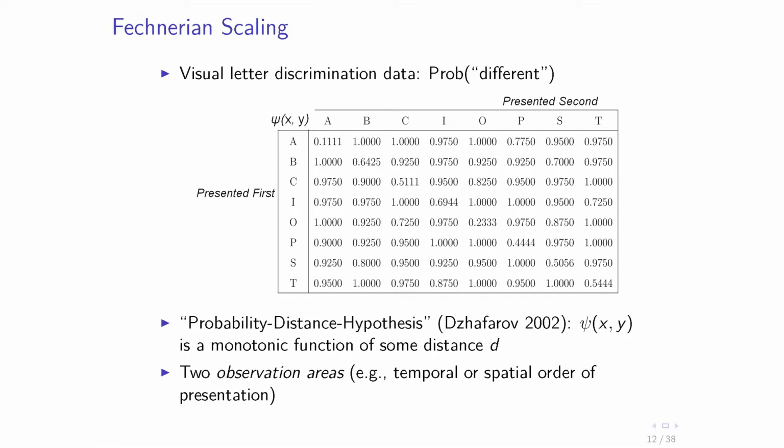Yeah, this is an important aspect of the Fechnerian scaling: what we define as the so-called observation areas. Whenever we present a pair of stimuli, we either have to present them chronologically one after the other, like in auditory experiments, or at different spatial positions, like for many visual experiments.